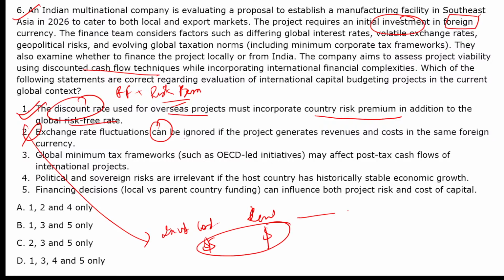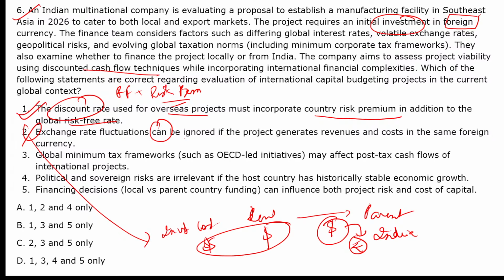But my parent company is in India. So I will get dollars, but I have to convert these dollars into rupees always. Why? Because of FEMA rules. You cannot keep more than 2 lakh rupees in terms of dollars. So the maximum dollars that you can keep for yourself is what you can convert for 2 lakh rupees. You cannot keep dollars freely with yourself. You have to get them exchanged.